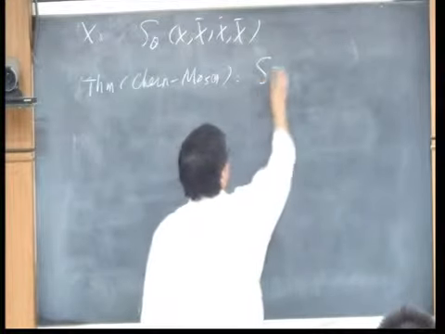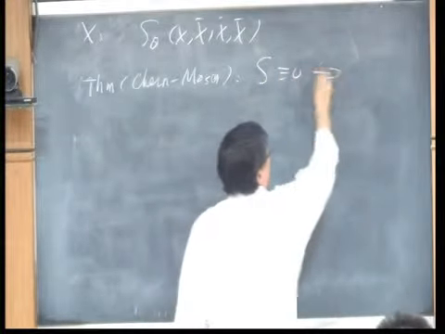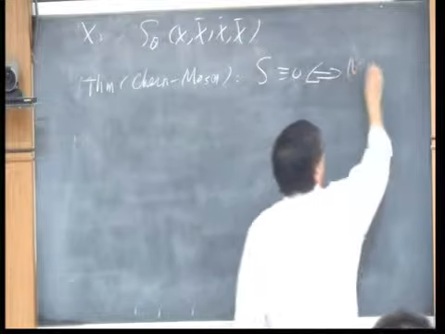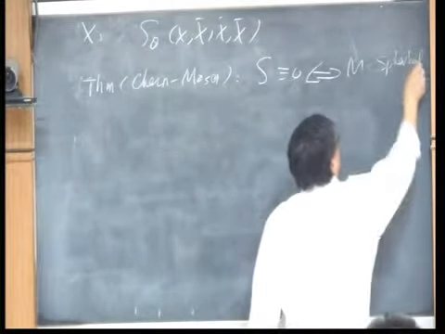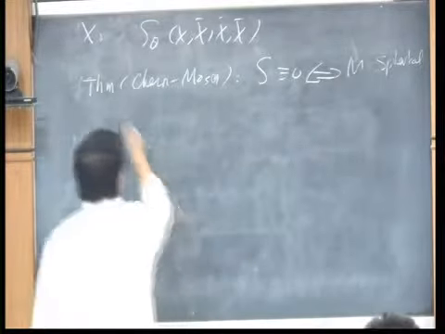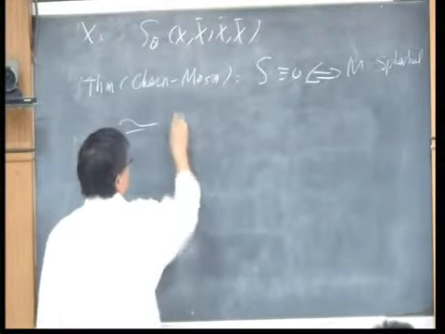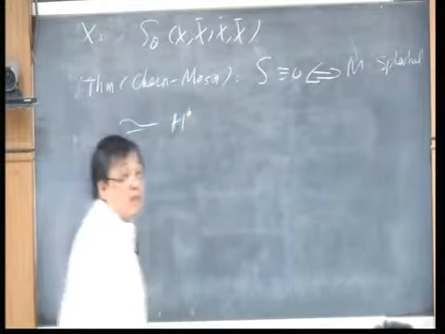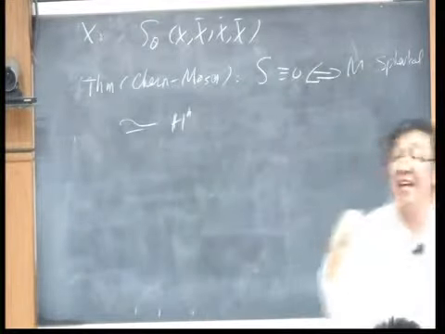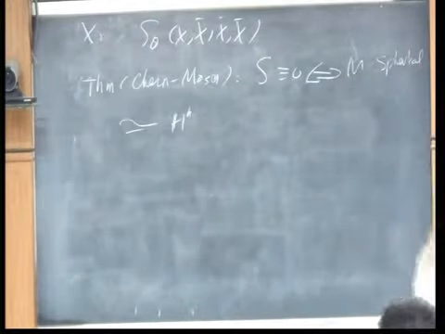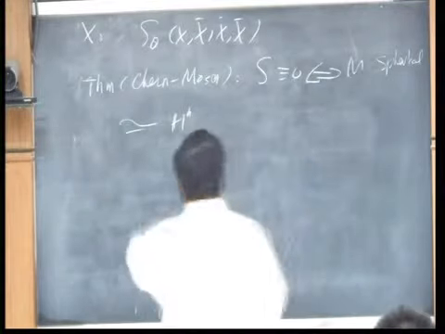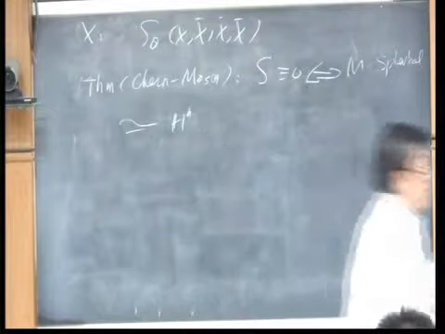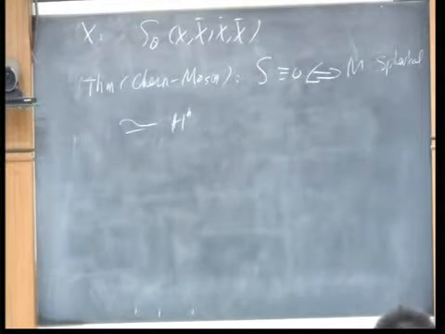But this means if this tensor is identity, then and only then M is spherical, that is CR equivalent to the sphere with the Heisenberg structure. For this one, you have to go to the Chern-Moser theory. That's my purpose to talk about the Chern-Moser theory next time, but I thought I'd skip it.